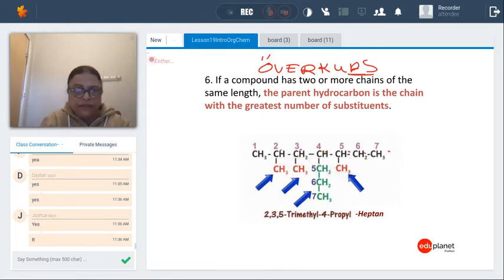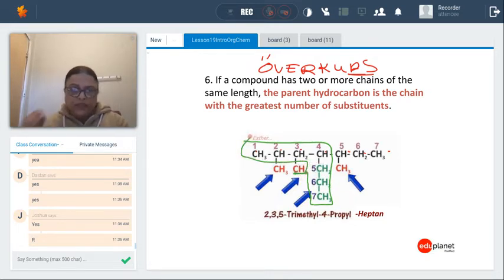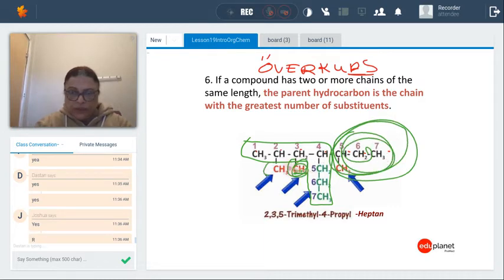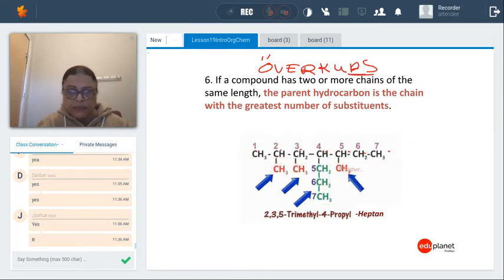What happens if I decide to go with this one here? Then how many substituents do I have? I have 1, 2, and 3. So I take the chain that gives me the most substituents, and this is when I count this way. Then I have 1, 2, 3, 4 substituents.